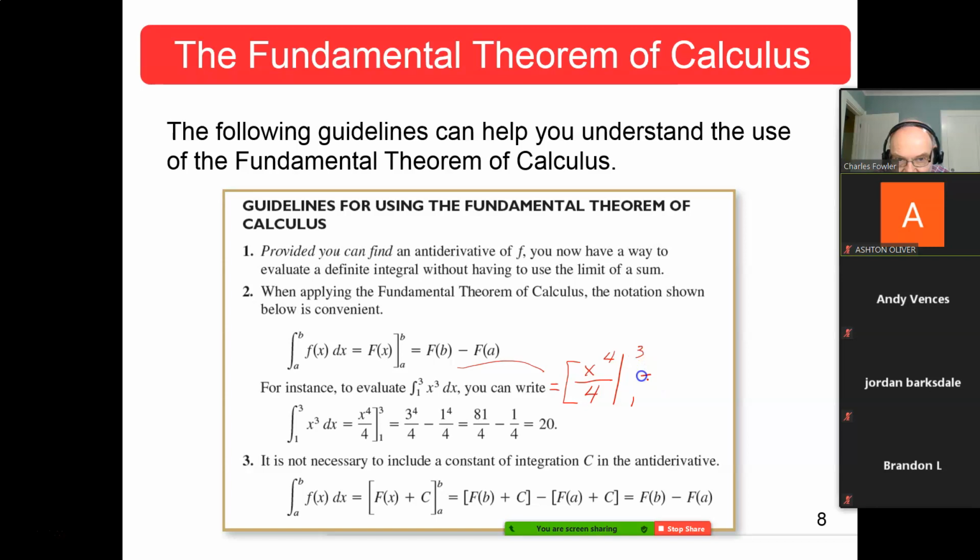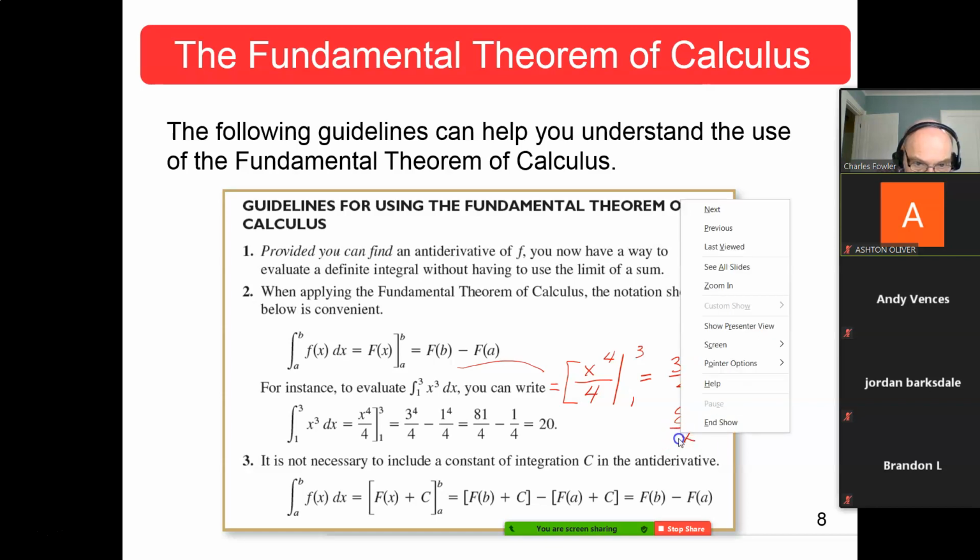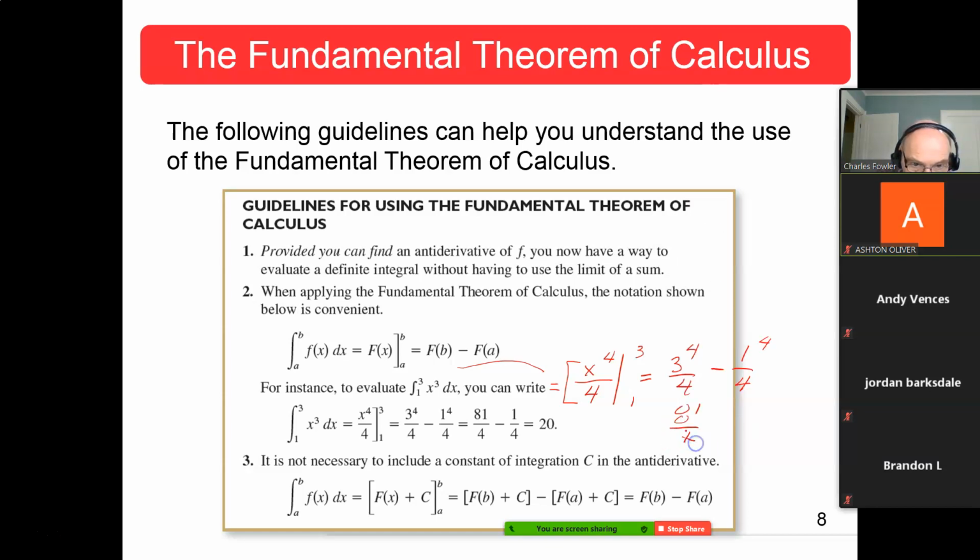And what does that mean? We evaluate 3 to the 4th power over 4 minus 1 to the 4th power over 4. Evaluate it first at 3, then at 1. Well, this will be 81 fourths. 3 squared is 9, 9 squared is 81. So that'd be 81 fourths. I said fourths and wrote a 1. Don't know where the disconnect is, but there's a fourth down here somewhere.